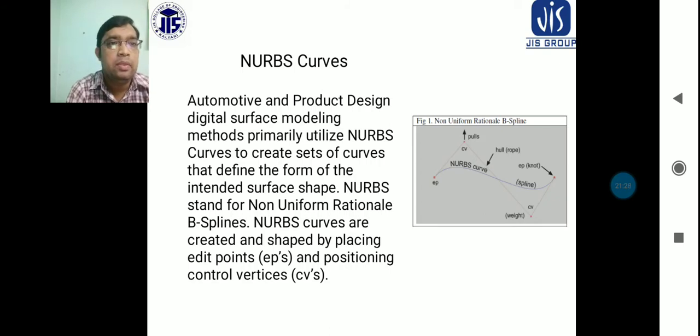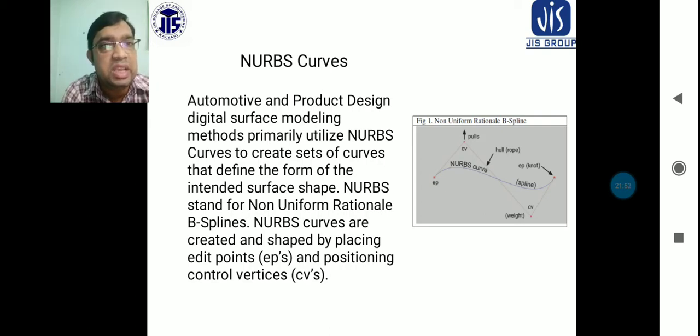You can see the NURBS curve here. One point is considered and an arrow is given in the upward direction. NURBS is the non-uniform rational B-spline curve, a B-spline curve that is not rational in the uniform sense, and it is called the non-uniform rational B-spline curve.